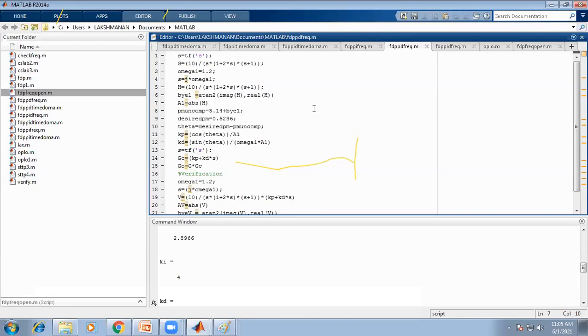Using the Bode response, we can use the command bode, so we will check the actual phase margin of the open loop system. Let me check.